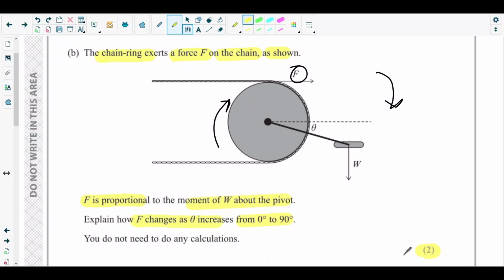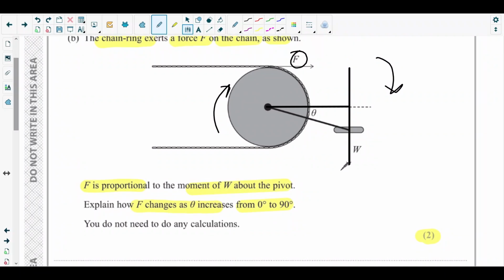If theta increases, look, we know that the line of action of force, I have showed you earlier in part A also, this is a perpendicular distance, right? So the moment of the force W is basically the force W times its perpendicular distance.